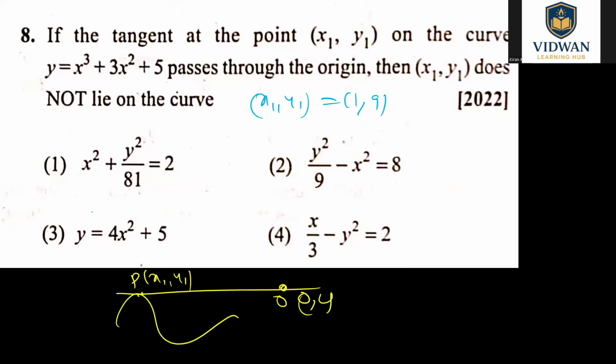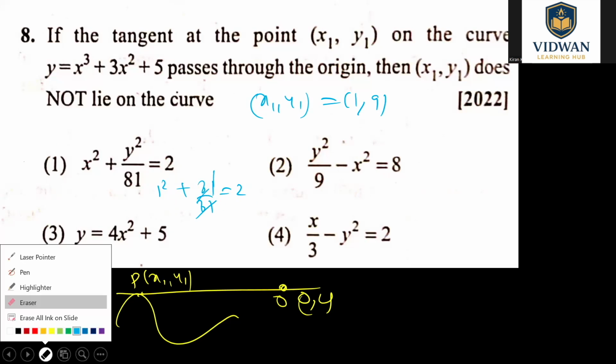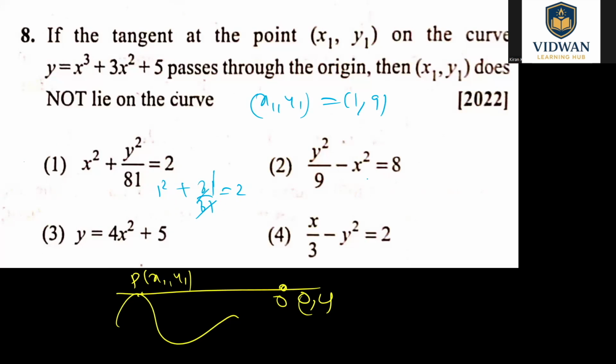If you substitute in the first one, you will get 1 square plus 81 by 81 equal to 2. So this will satisfy. But anyway, they said it does not lie on which curve, so we cannot mark this answer. It lies on this, of course, but we want the curve on which it will not lie. If you substitute 9 here, 9 square by (9 minus 1) square equal to 8.